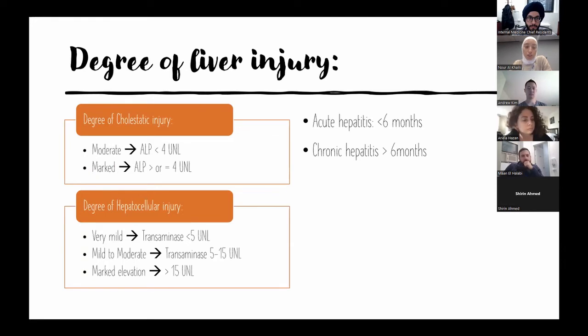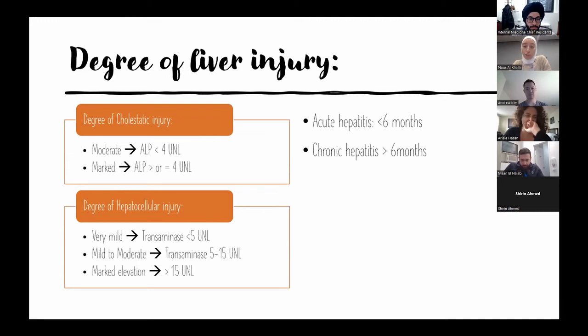Degree of hepatocellular injury: very mild, usually less than 5, mild to moderate, 5 to 15 times the upper normal limit, and marked elevation beyond that. And this isn't related to the severity of hepatocellular dysfunction, because that is only related to coagulopathy and encephalopathy.